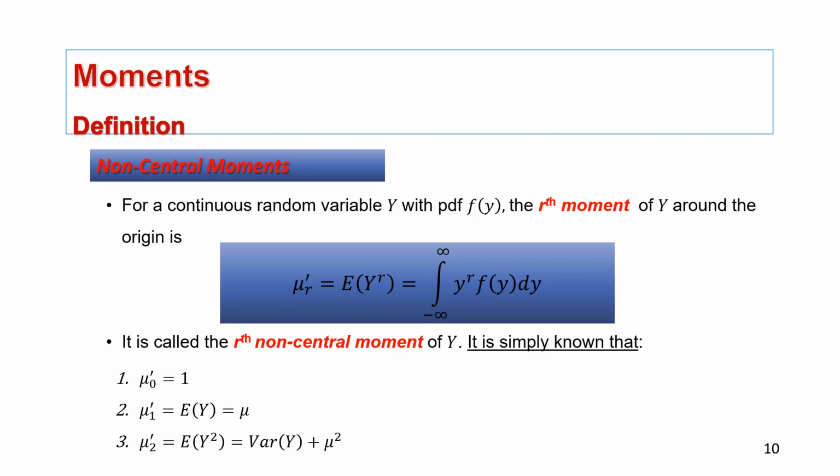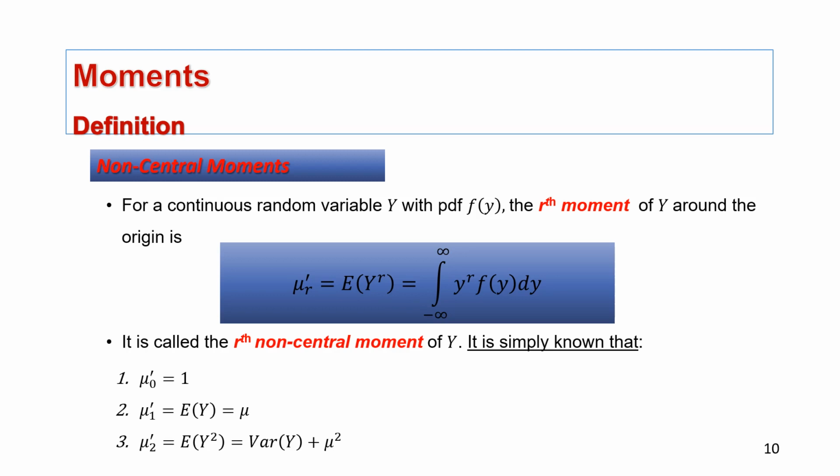For example, mu dash 0 is the expected value of y to the power 0, which is 1. And mu dash 1 is the expected value of y itself, which is defined to be mu. What about mu dash 2? Mu dash 2 is the expected value of y square.